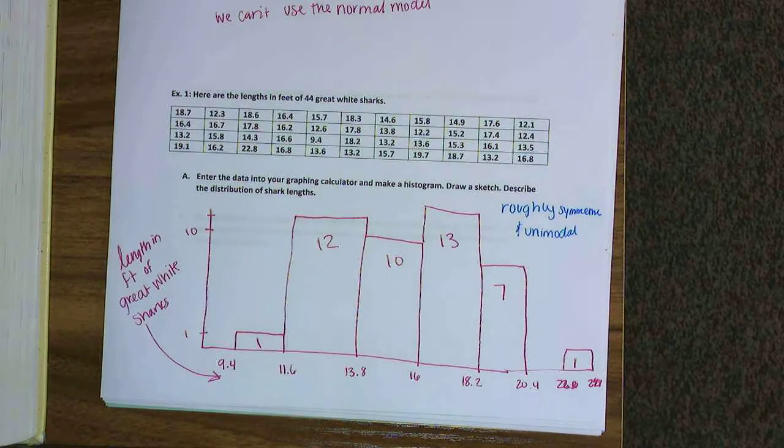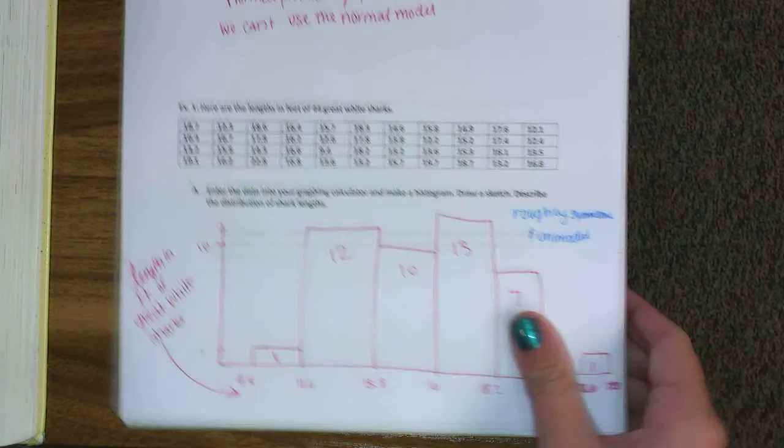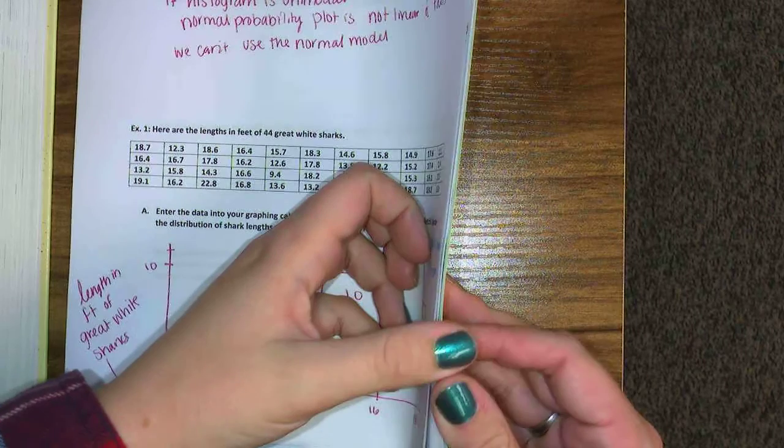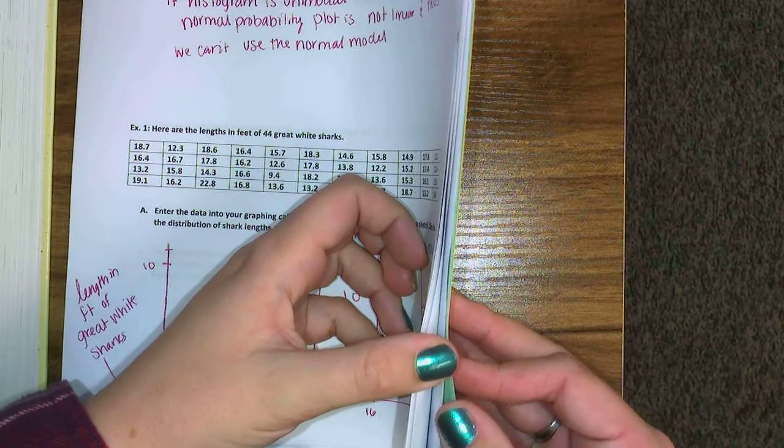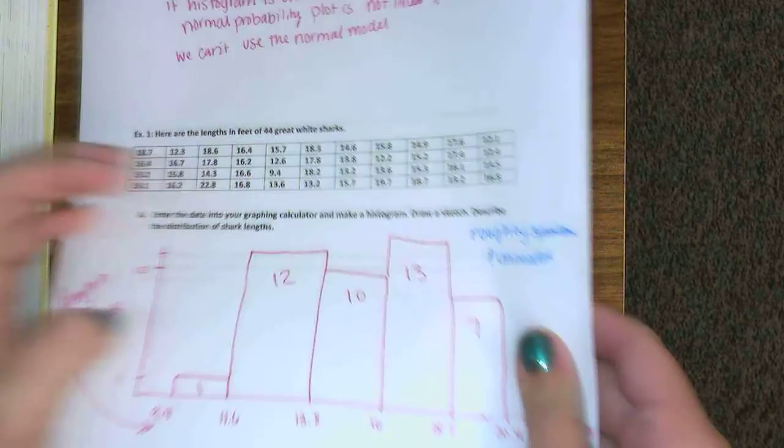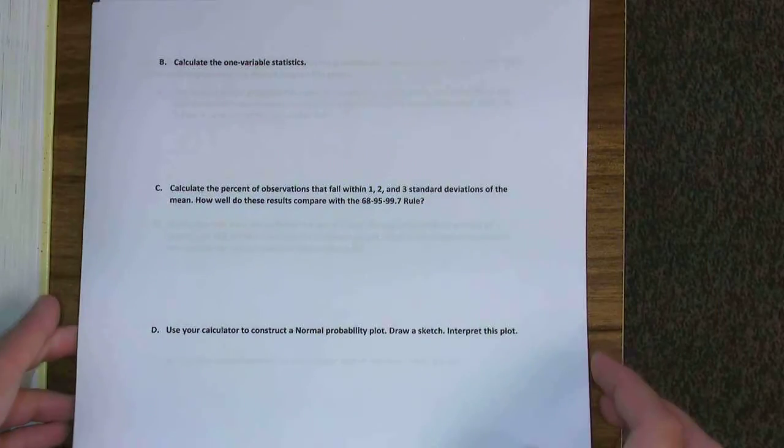Alright, so then on to the next page, this problem continues. You might want to still keep the numbers handy. But it wants us to calculate the one variable stats. So do you guys remember how to do that?